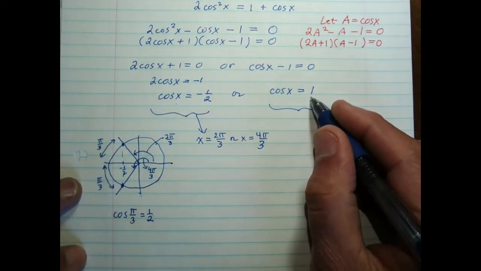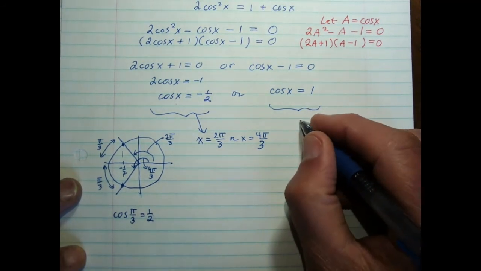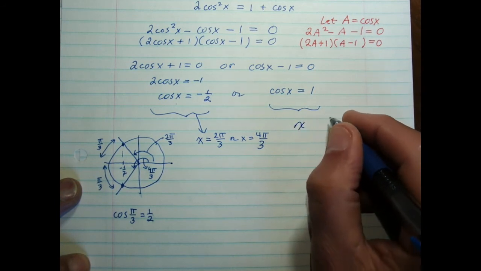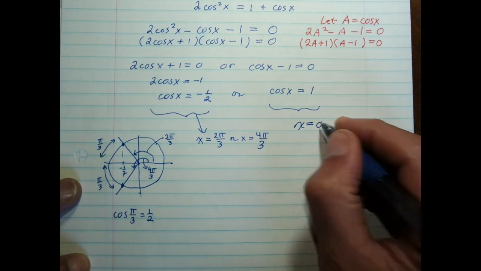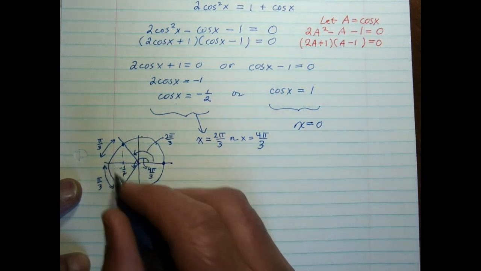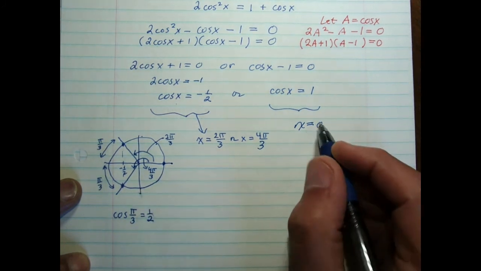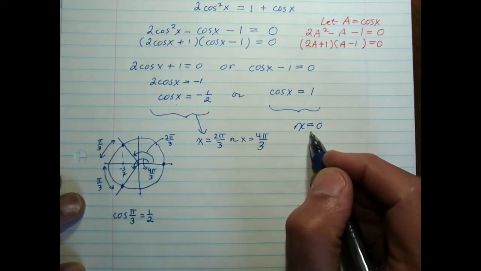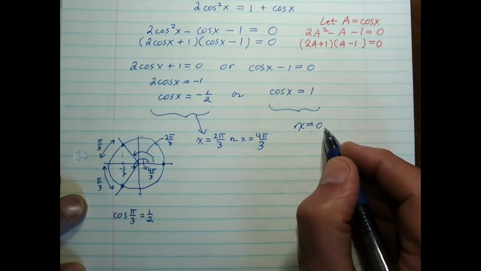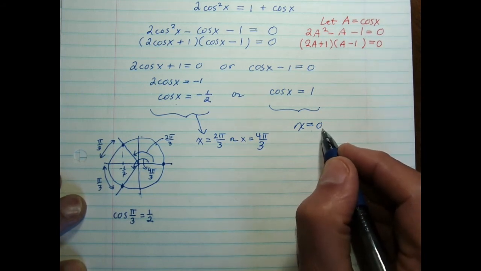Cosine x equals 1, I think that's just going to be x equals 0. Cosine is 1 here, 0 here, negative 1 here, 0 here. Now we don't have to write 2 pi. If you accidentally wrote x equals 0 or 2 pi, we're not going to take off because 2 pi is also a solution.